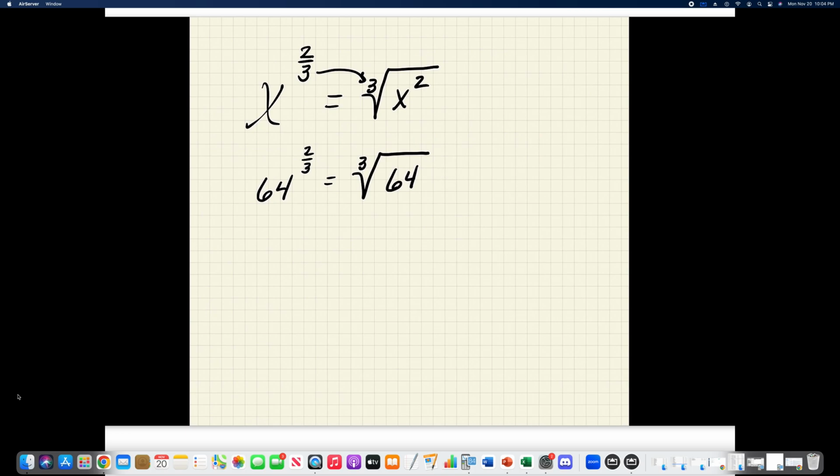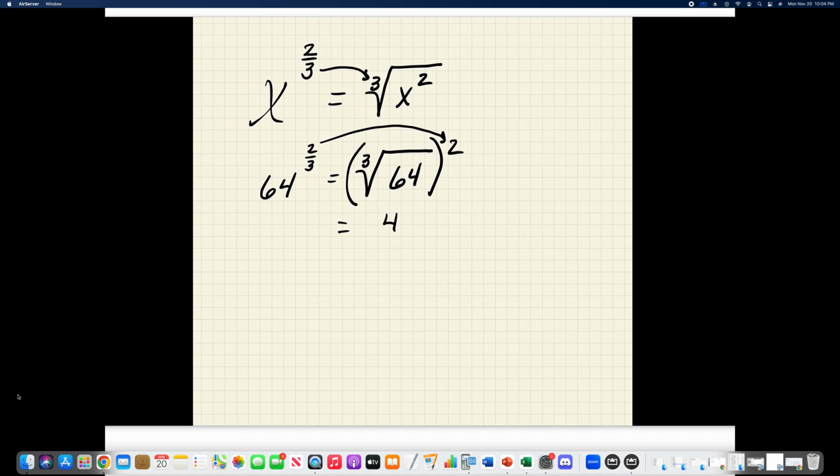What would be better to do is raise this whole thing to the power of 2. So what I mean by that is we can take the cube root of 64. We saw that earlier. That's a 4. And now we take 4 squared, that's 16.